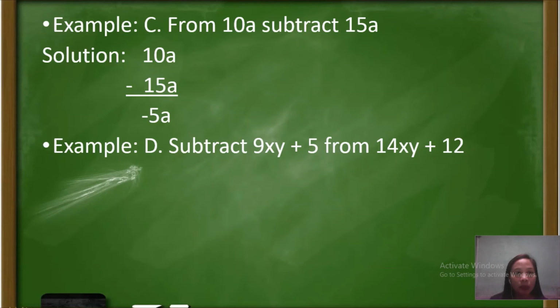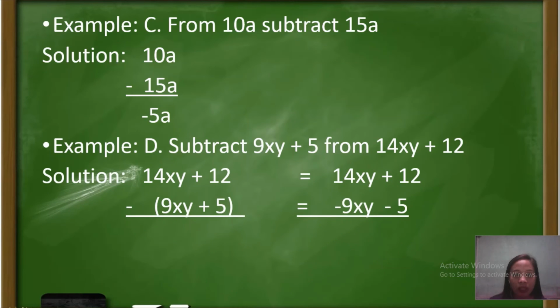Example number 4, subtract 9xy plus 5 from 14xy plus 12. So what is the subtrahend here? That is the 9xy plus 5. So from 14xy plus 12, you're going to subtract 9xy plus 5.